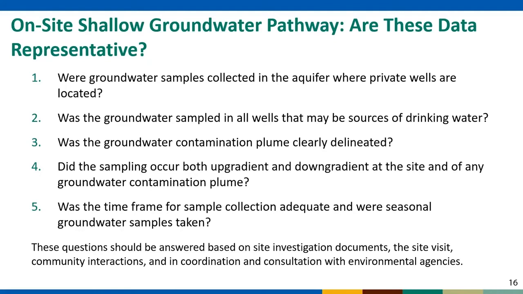Fifth, was the time frame for sampling collection adequate, and were seasonal groundwater samples taken? No, we have 2 rounds of sampling, all in the same month in 2015. The bottom line on representativeness, because there are no exposures on site, is that these data provide us some good information about the groundwater plume relating to the activities at this TCE spill area, but not necessarily with other source areas.